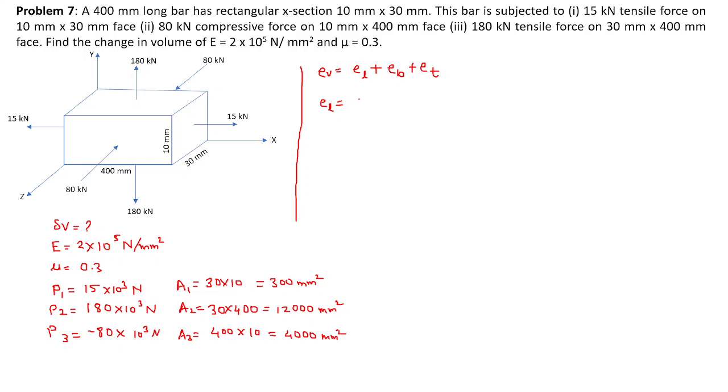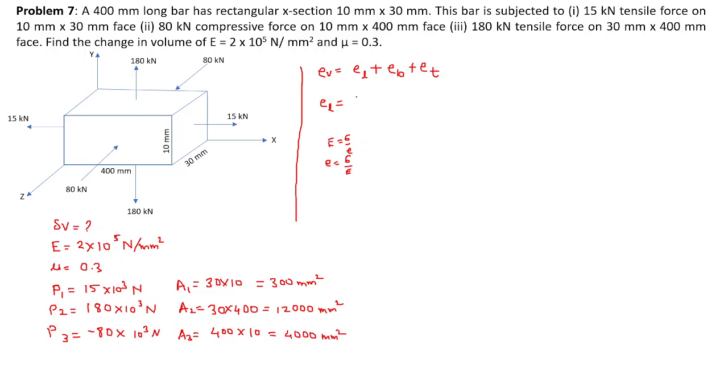The formula, you know, E is equal to stress upon strain, right? Then strain will be stress upon E. But here in volumetric strain, we have to consider other faces also. Not only a single sigma, we have to consider all sigmas.